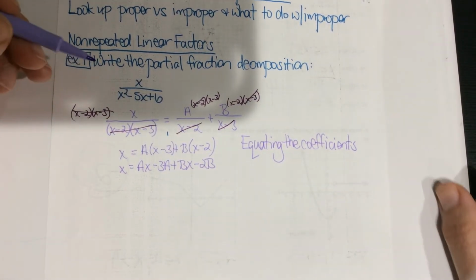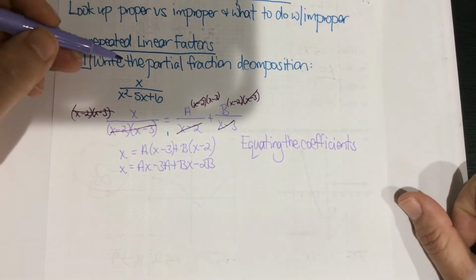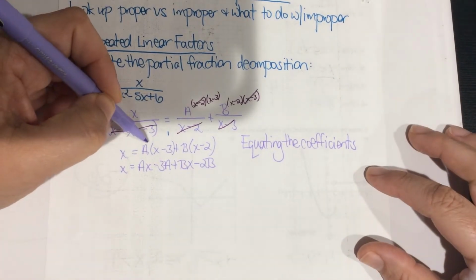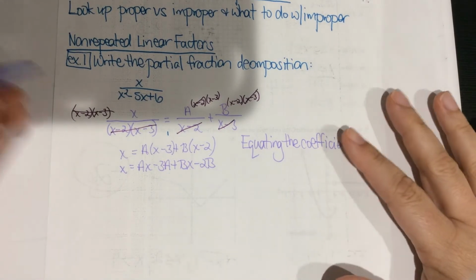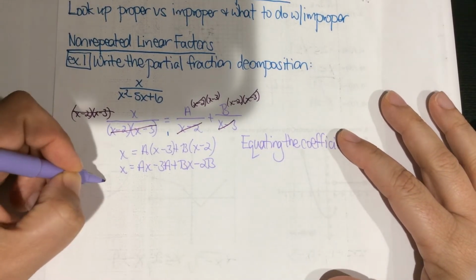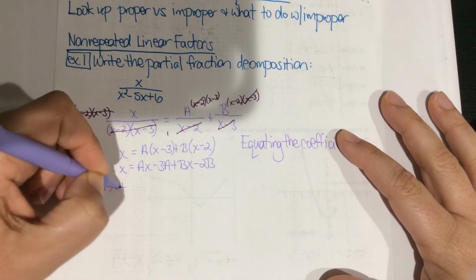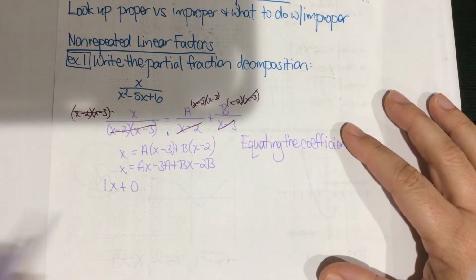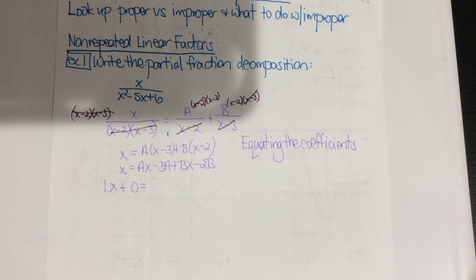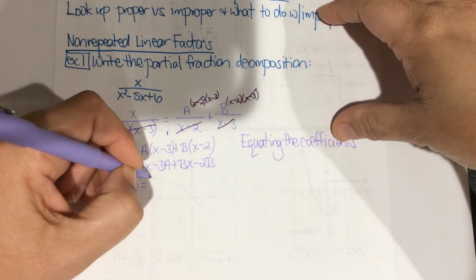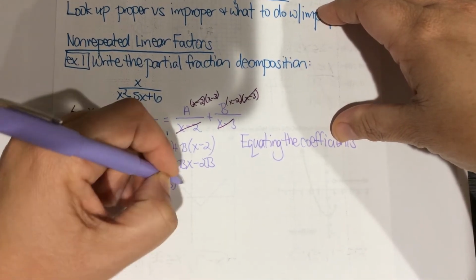Let me make sure I did that right. It's kind of late, and I want to make sure my brain is working. Yes, okay. And then on the left side, I have a 1x, and then I have no constant term. So there's a 1 in front of the x, and there's no constant term. I want to get the right side to look like that as well. So I'm going to do this.